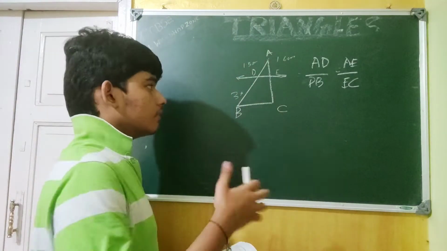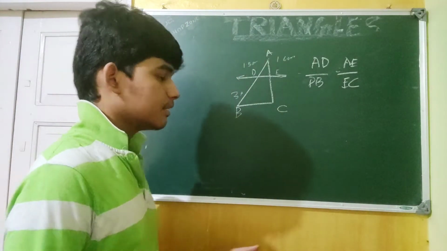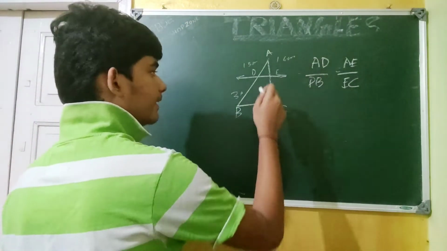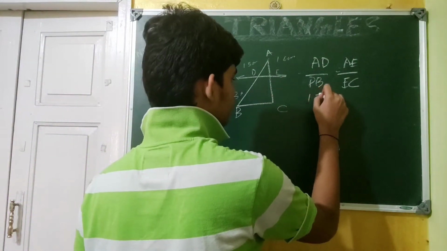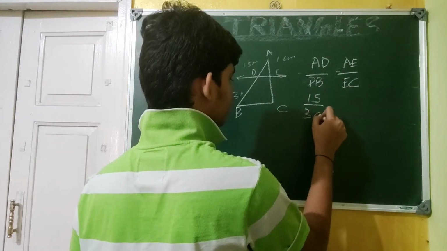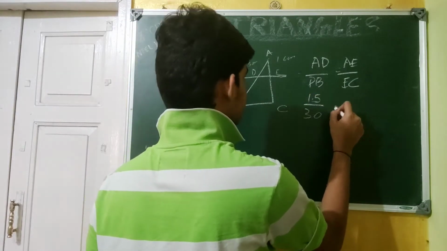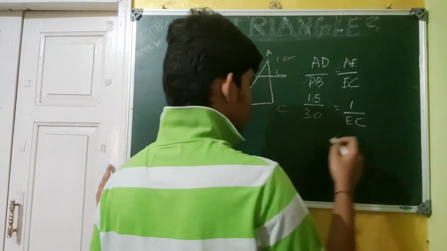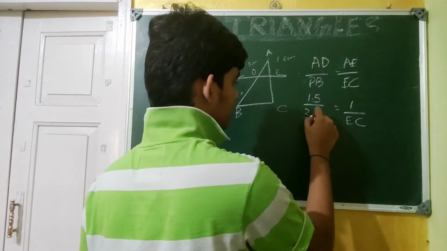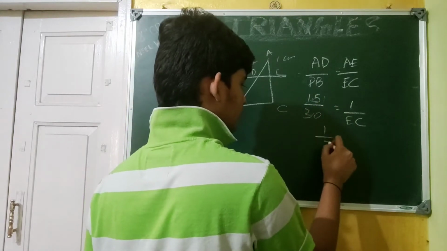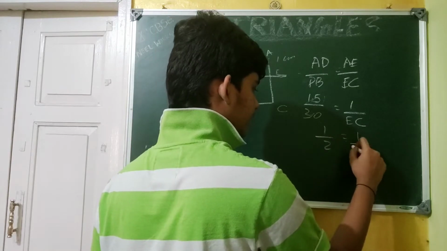Now that we got this, let's actually do the sum. AD is basically 1.5. So 1.5 by 3.0 is equals to 1 by EC. So 1 by 2 is equal to 1 by EC.